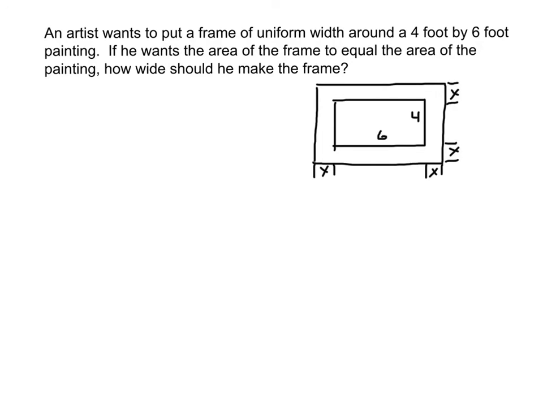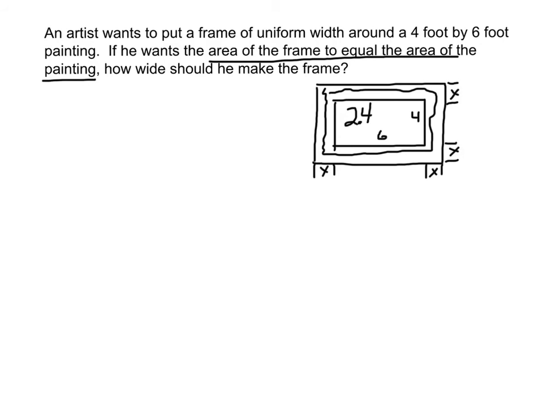Well, I know that this is 4 by 6 right here, which means that the area of this painting has to be 24 square feet. If he wants the area of the frame to equal the area of the painting, he also wants this area, everything in here, to also be 24 square feet.